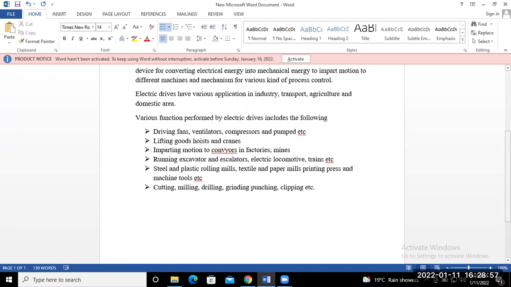One important advantage of electric drives is that we can control the speed and improve efficiency. The control may be partial, full, or manual. The controllers are defined under three types.